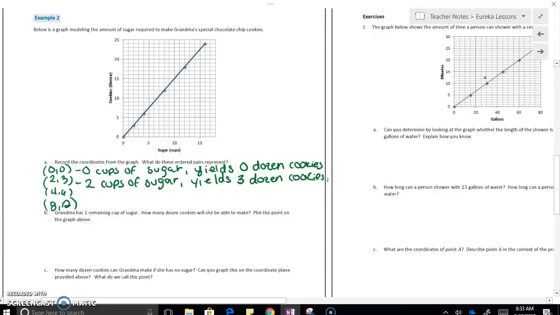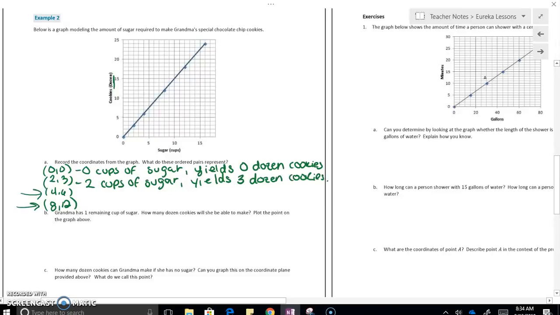Now, you notice that I've been saying dozen because this means dozen. This doesn't mean 5 cookies or 10 cookies. It means 5 dozen cookies, 10 dozen cookies. All right, so you can pause the video for right now and go ahead and write what these ordered pairs represent. I'll be looking for that when I check your folders.